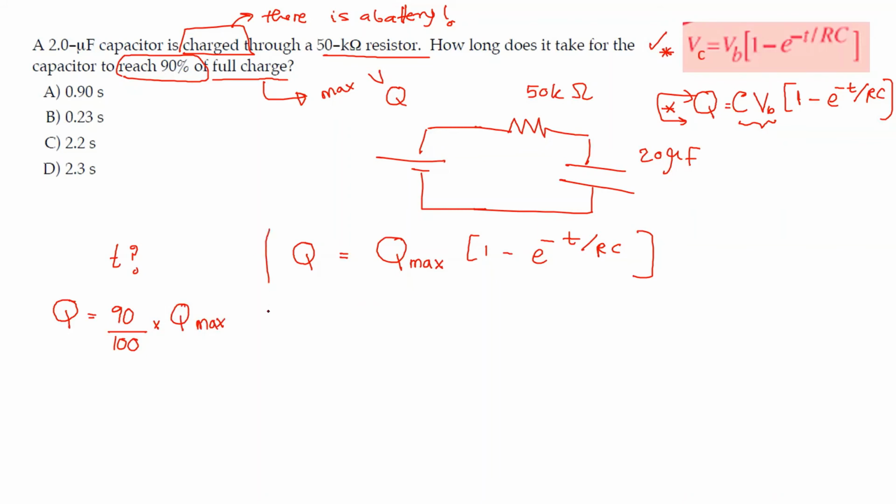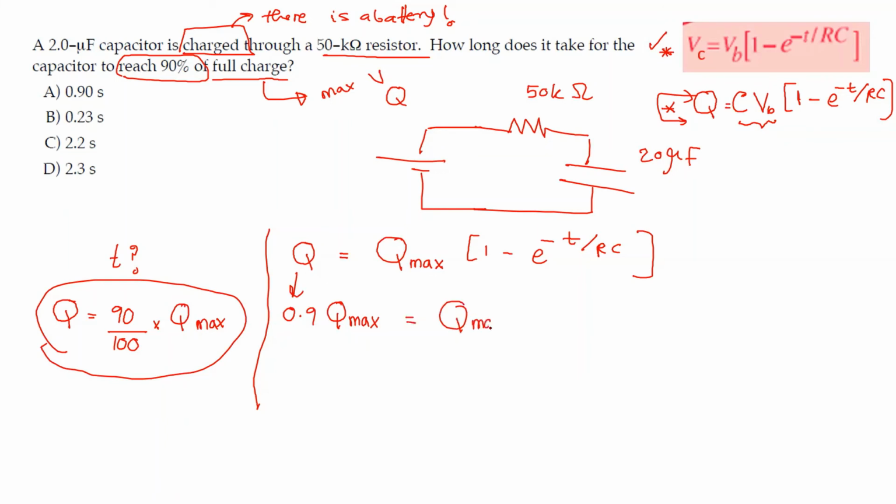So I'm going to substitute this for Q. So if I simplify this, I'll get 0.9 Q max. So I want to reach this value, 90% of the full charge. And everything else in the equation is the same, and we will be solving for t.